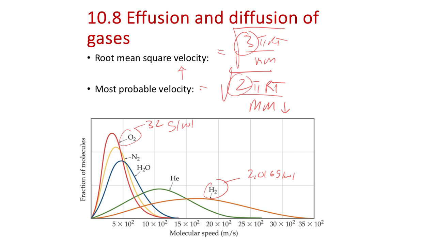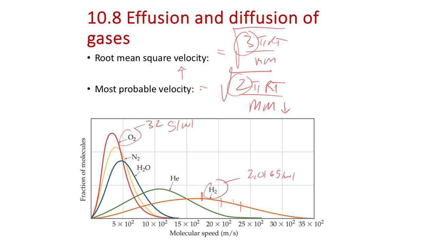The hydrogen particle is lighter than the oxygen particle, so hydrogen on average is going to have a faster set of velocities. The most probable, the average, and the root mean square velocity are all a little bit higher for H2 than for O2. So the heavier the particle, the slower it is on average. The lighter the particle, the faster it is on average.